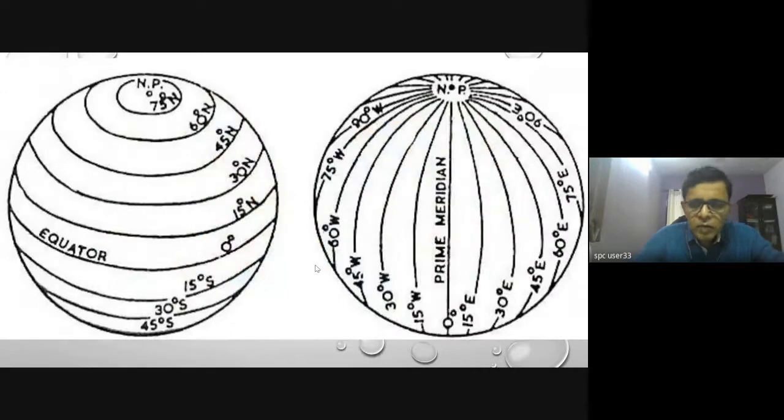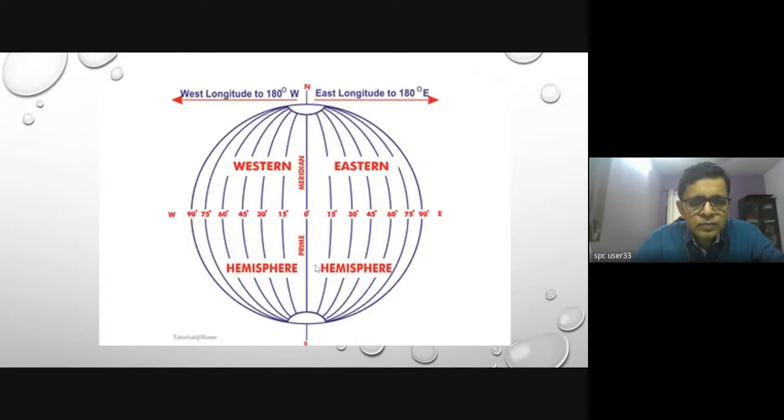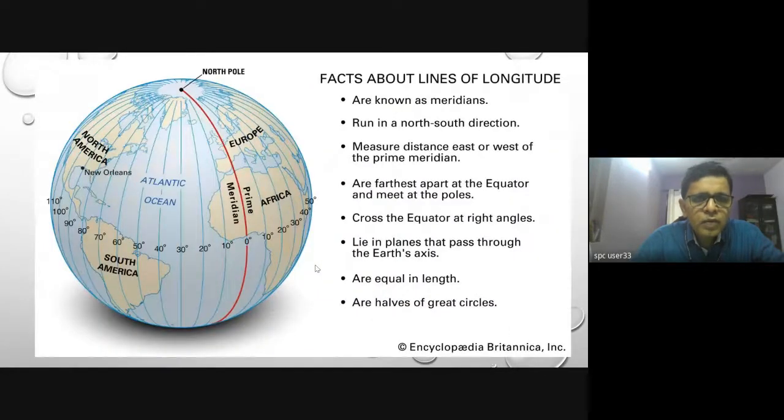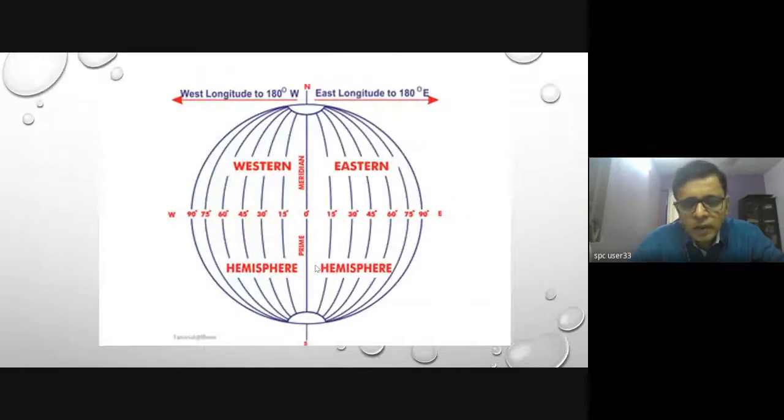Okay, this is another view of how we measure the latitudes and longitudes. This is another diagram. The 0 degrees meridian and 180 degrees meridian divide the world into two hemispheres, the eastern hemisphere and the western hemisphere.